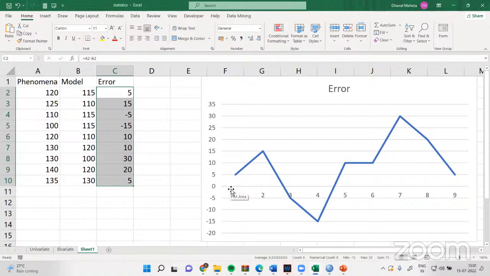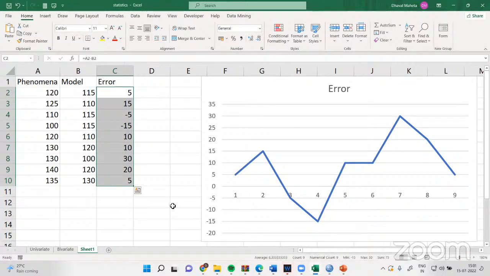Okay, I'll try to dismantle it. Just a minute.